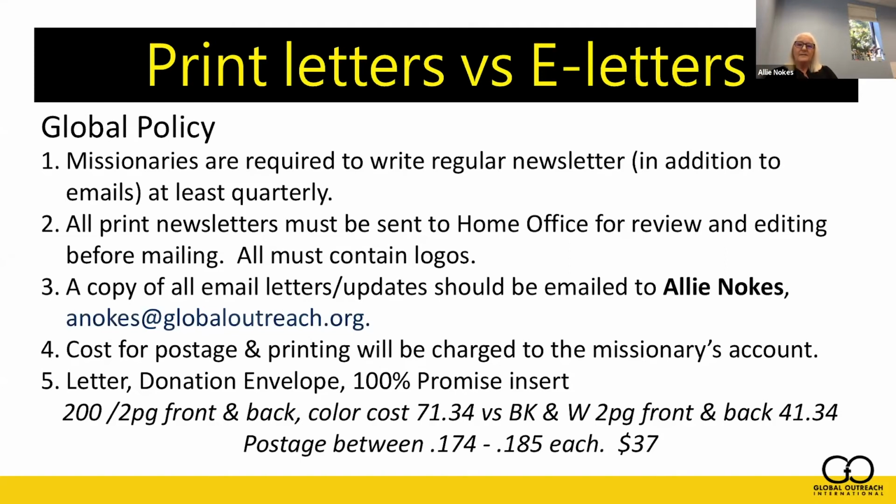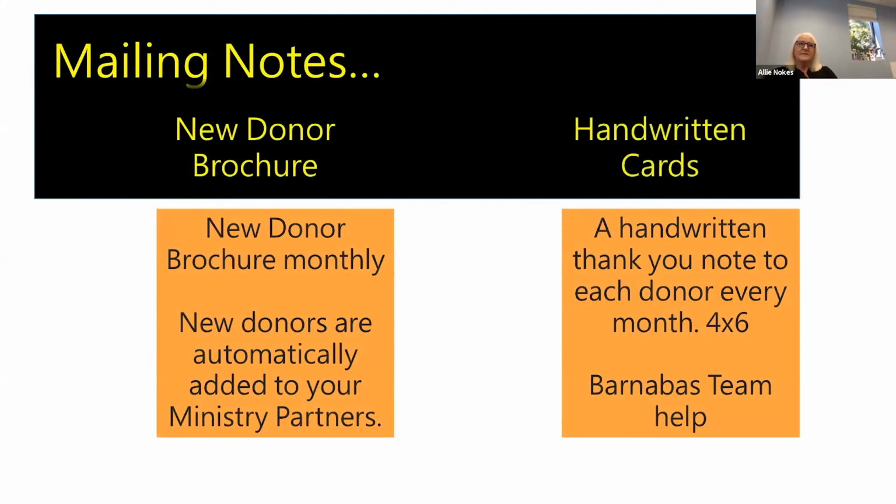One thing that we also do is called a new donor brochure. As you get new donors in, and of course this will be the first time we get donors, they may not be new to you, but they're new giving through Global. Then we send out a little brochure that also has information about the 100% promise. It has information about Global, who we are, what we do, and how we work with you.